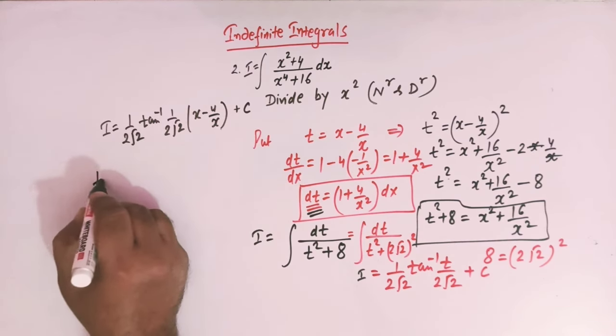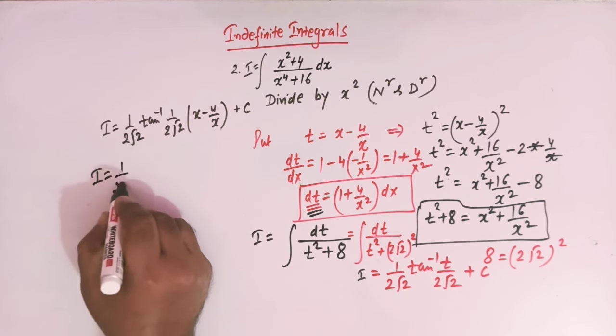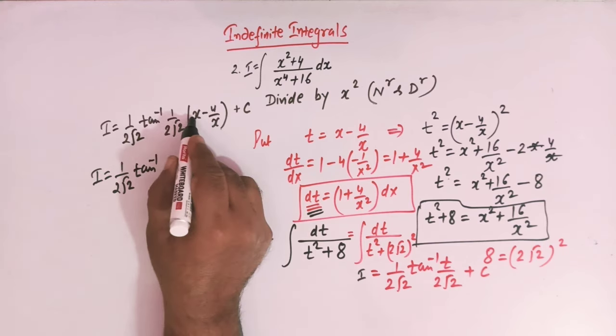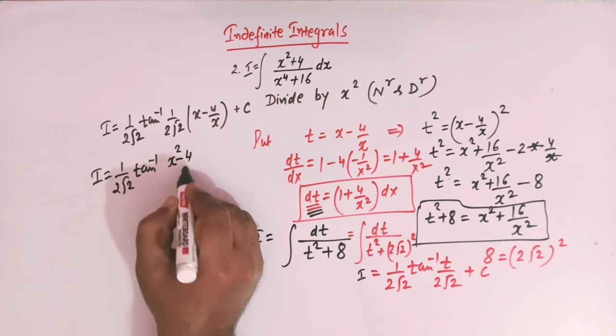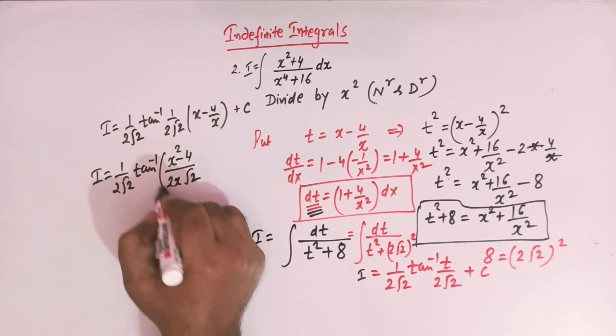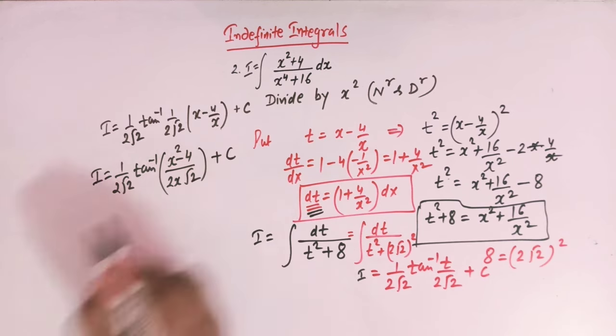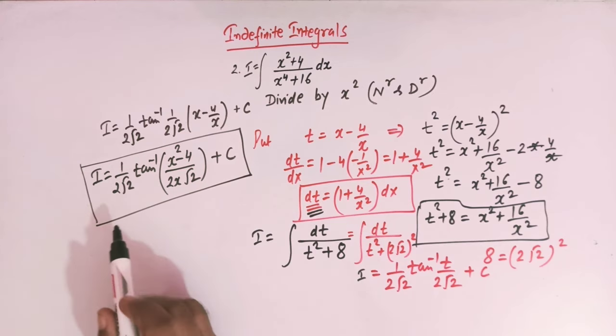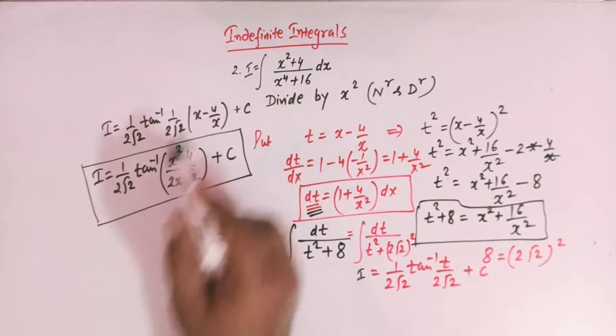We can now simplify it. So we have 1 over 2 root 2 tan inverse of (x square minus 4) over (2x times root 2), plus c, right? So viewers, this is the integral of this function.